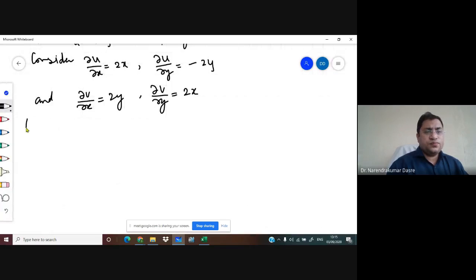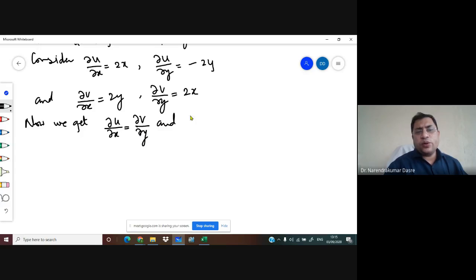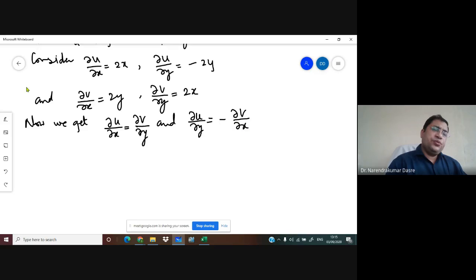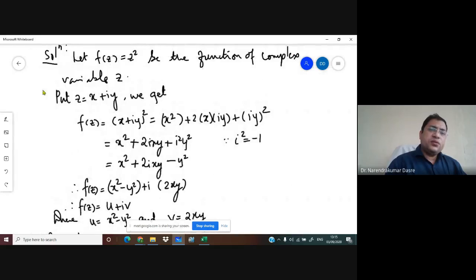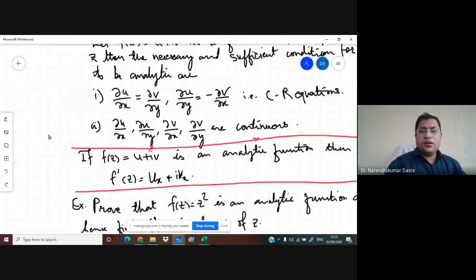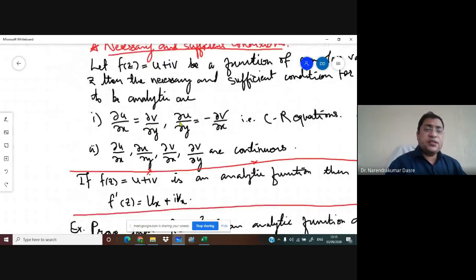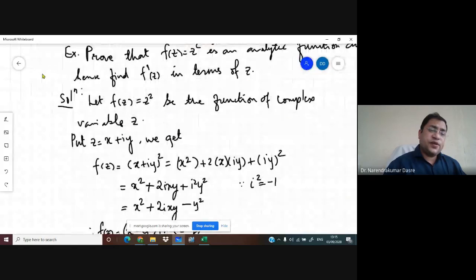Now we get, you can see this term and this term, they are exactly same, and this term is minus of this term. So we get ∂u/∂x is equal to ∂v/∂y, and what we get is ∂u/∂y is equal to minus ∂v/∂x. Can you see what we got actually? Exactly the CR equations we have obtained and they are satisfied.